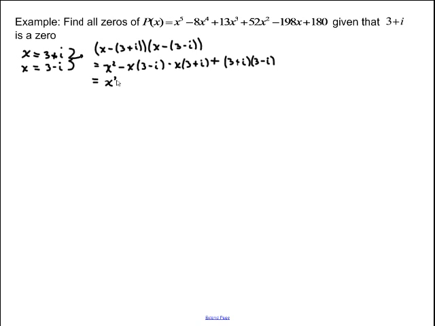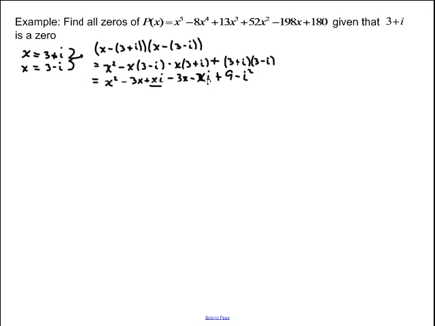x squared minus 3x plus x times i. Distribute the negative along with the x there. Minus 3x minus xi, pardon me, there we go. Plus, when we multiply these two together, we're going to get 9 minus i squared.